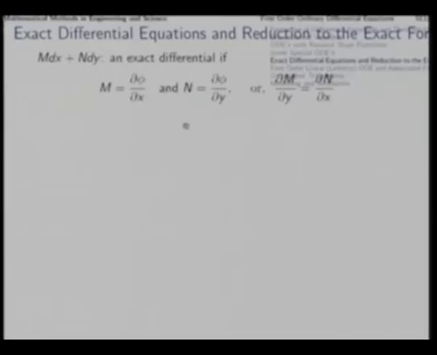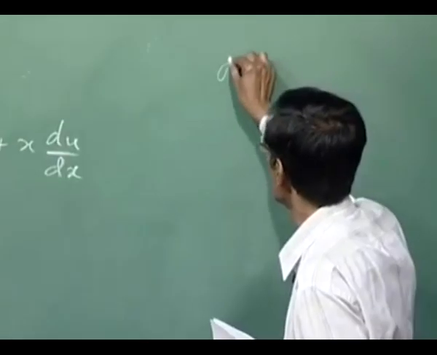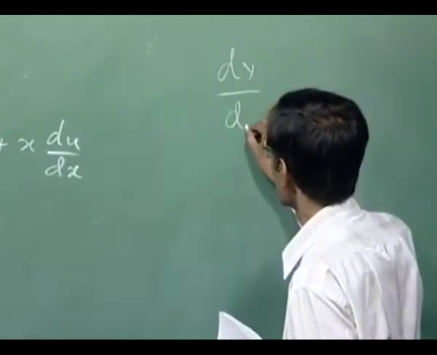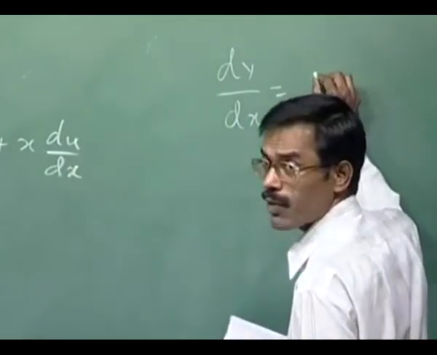Now, the general theory of first order linear differential equations. Okay, before that, we have a little discussion on exact differential equations. As you write a differential equation, dy by dx is equal to f of x y.